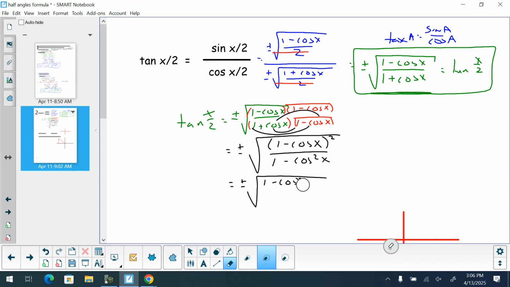So we have (1 minus cosine of x) quantity squared, divided by sine squared of x. Well, what we're doing is we're taking the square root of the squares.